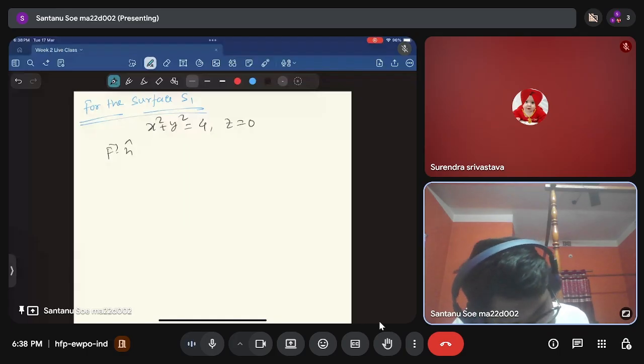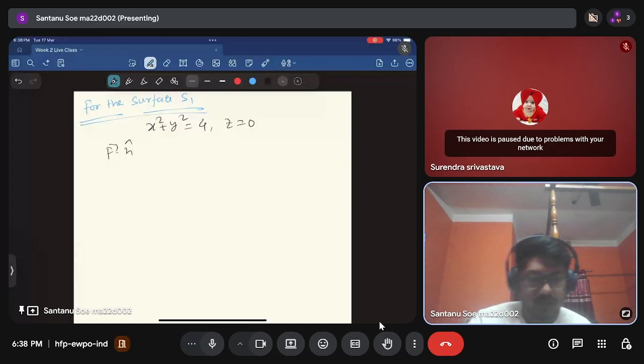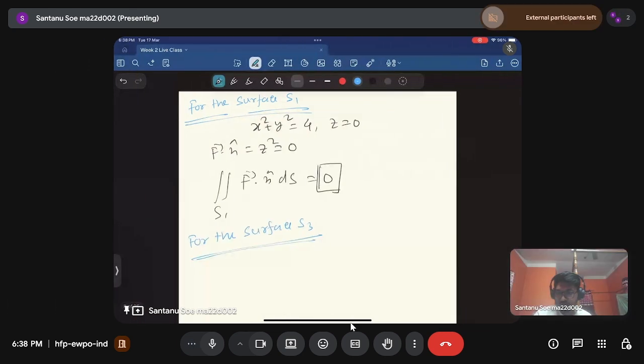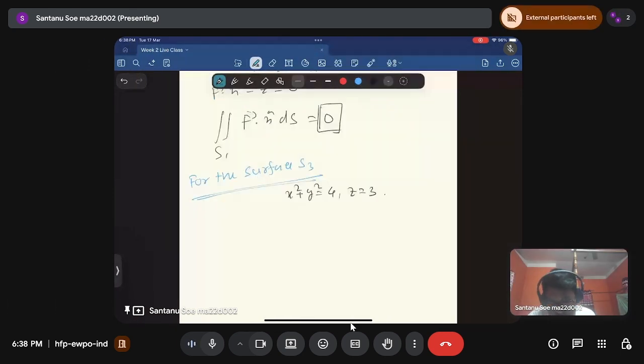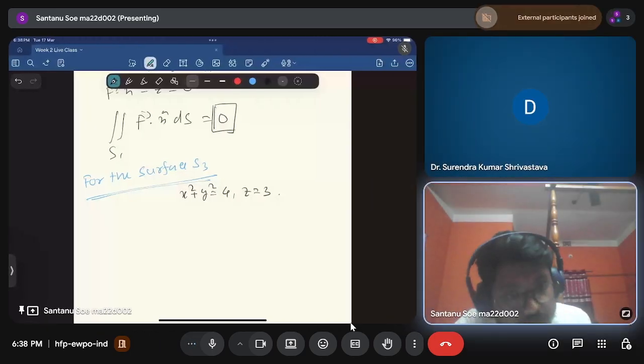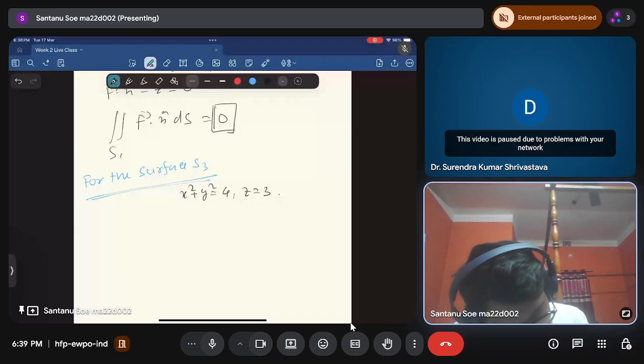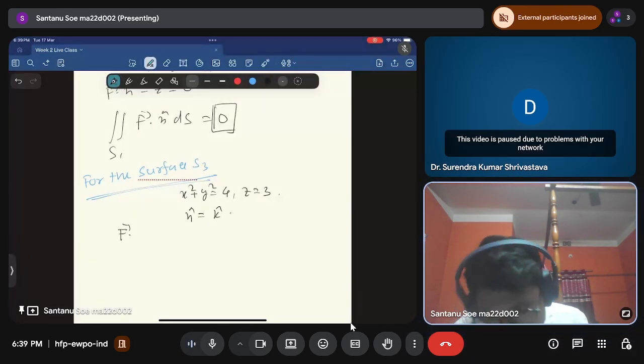So in this surface, x square plus y square is 4 and z equals 3. Correct. So our n cap is just the k cap, and f dot n cap is z square.